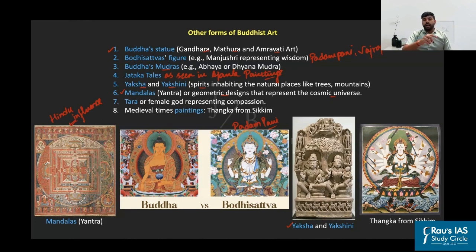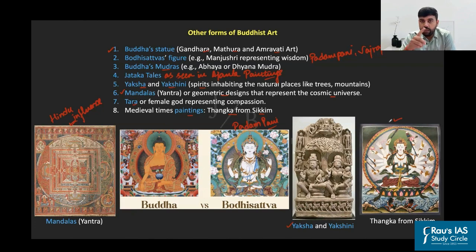I'm just giving you the context because the movie shows the same thing. In that movie, they draw mandalas through their hand gestures, right? Because they show the Buddhist art, to be specific. Then we have Tara, the female god, and the medieval time paintings such as Thangka from Sikkim. The last one, as you can see, Thangka painting from Sikkim.